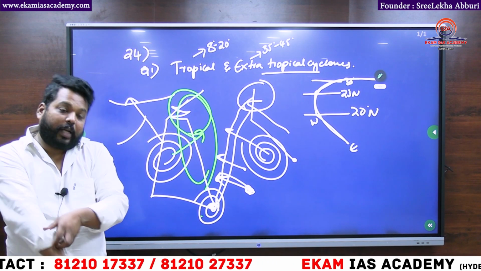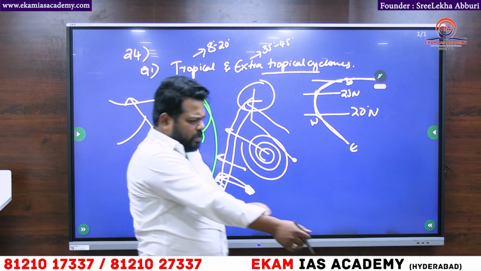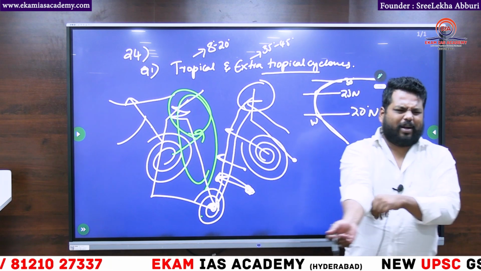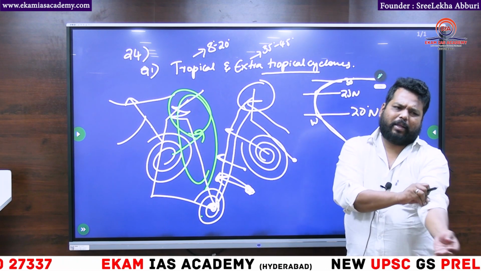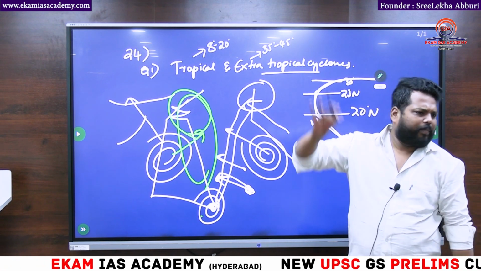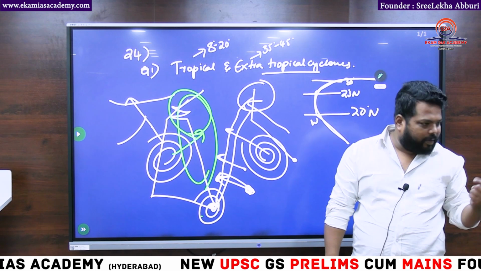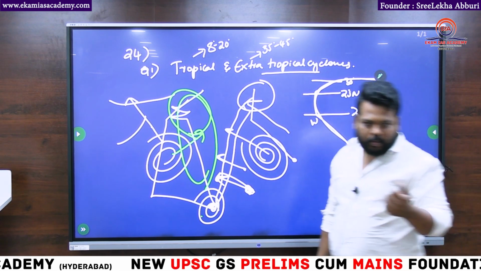So it has to be remembered. You might have only heard that the cyclone moves from east to west because it is under the direct influence of trade winds. Yes or no?